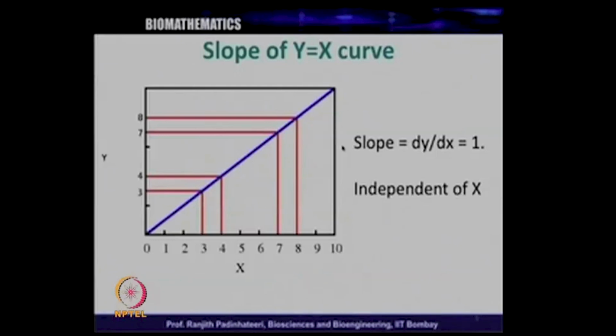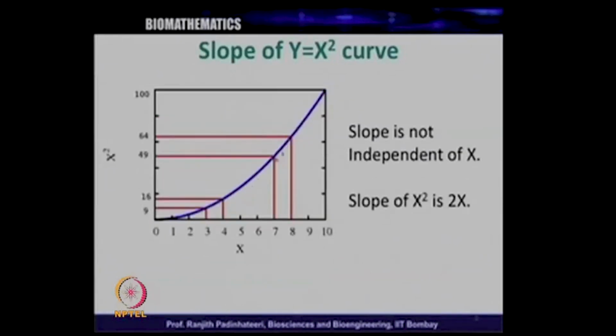But if you take another curve like y equal to x square, which is not a straight line but a curved function, you will see that if you take between 3 and 4, you will get one answer, and when you take between 7 and 8, you will get a different slope. So, the slope here is different from the slope here and from the slope here.